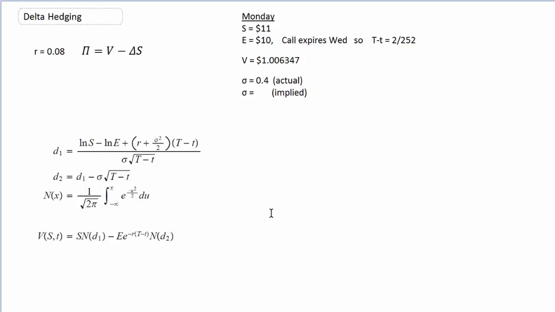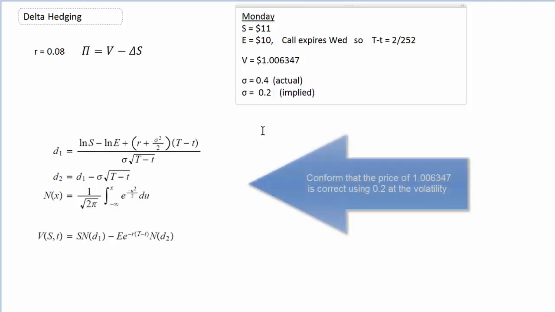Then I'll plug in, let's say, 0.1, and I've got a number that's too low. I'll go through the bisection method, plugging in numbers that are slightly too big or slightly too small, until I narrow in on the implied volatility. I go through some calculations, and I get an implied volatility of 0.2.